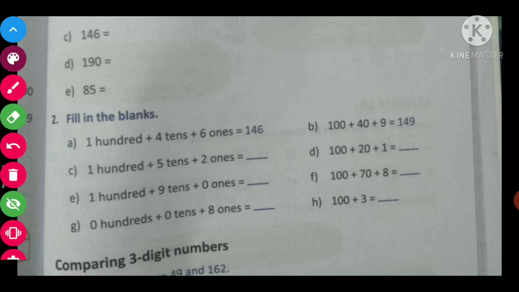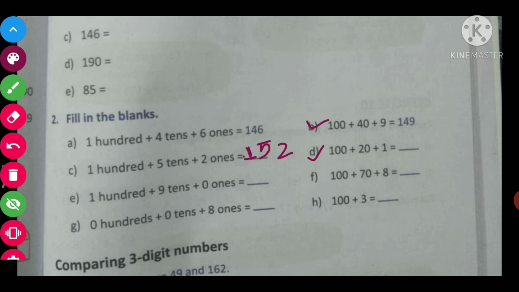Let me write this one once again, 152. Now let's do the next one. B already is done, so we'll do D part. Now see here, figures are given, and you have to find out the number. You can do this one in 2 ways.